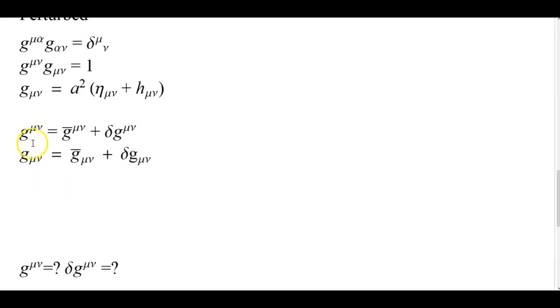Okay, so this is what we know, and from here, how do we get here? Let us use this information. Let's write this as G mu alpha, G mu alpha, delta G mu alpha, and this can be written as alpha, alpha.